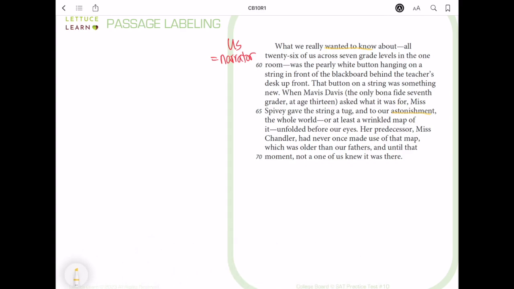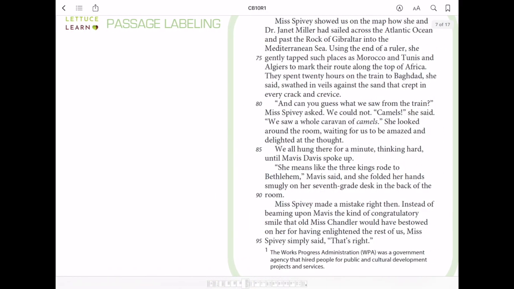So right now, we're talking about the narrator's emotions. After some dialogue, we see that Spivey is waiting for us to be amazed and delighted, whatever it is. And the narrator's response to that is thinking hard.